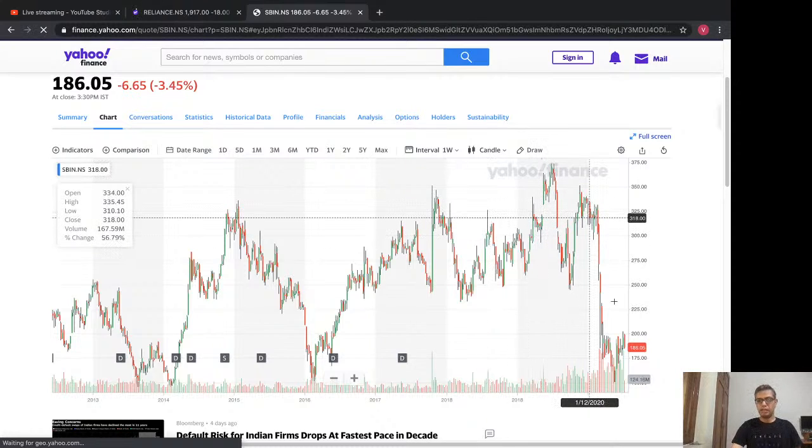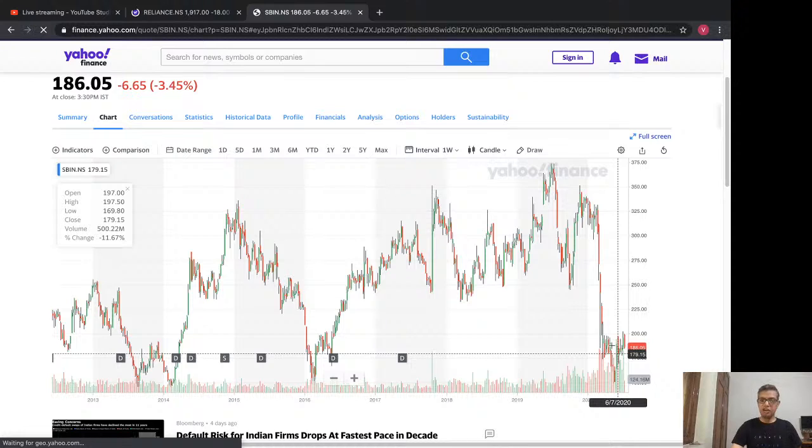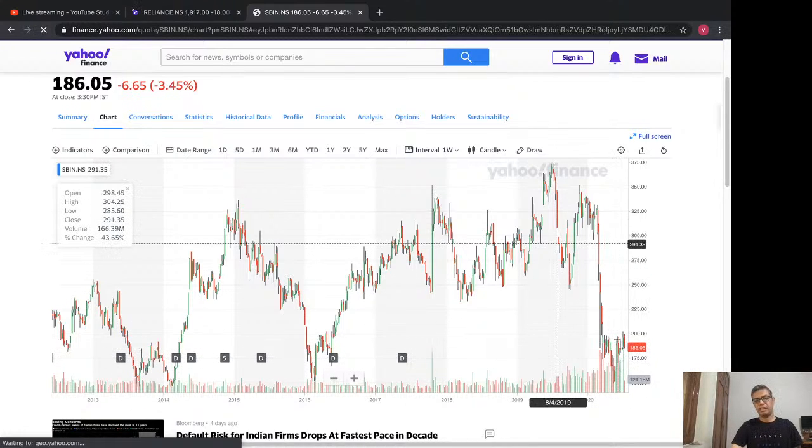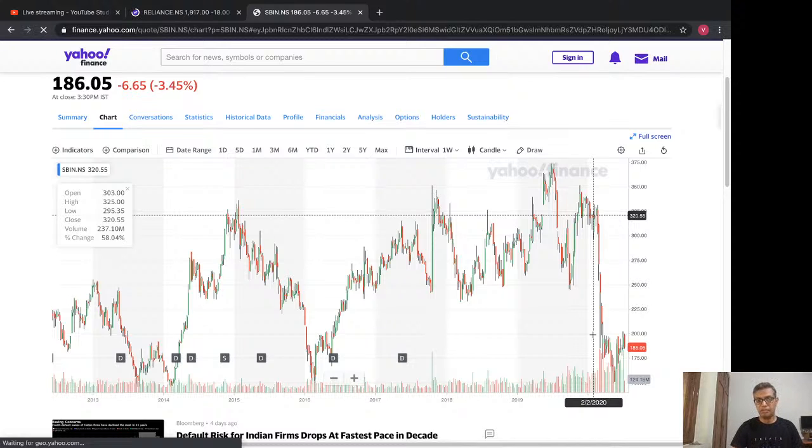And after the pandemic, look at this, it has gone down to the levels of where it was back in 2014. Now even if we are very sure that the stock of SBI is a very good stock, because SBI is the largest bank of our country and obviously is fully supported by the government, then what can go wrong in this?